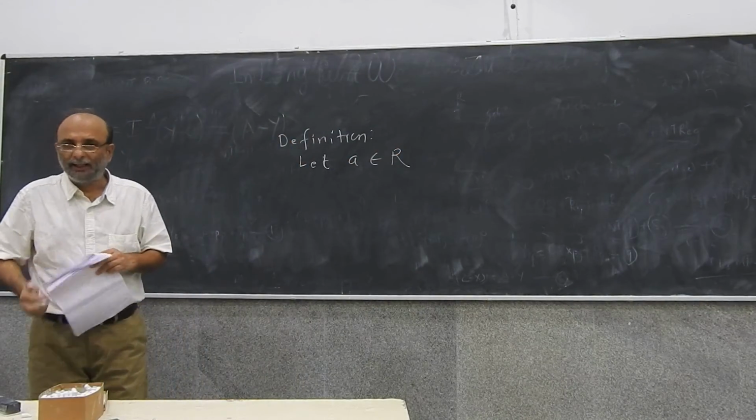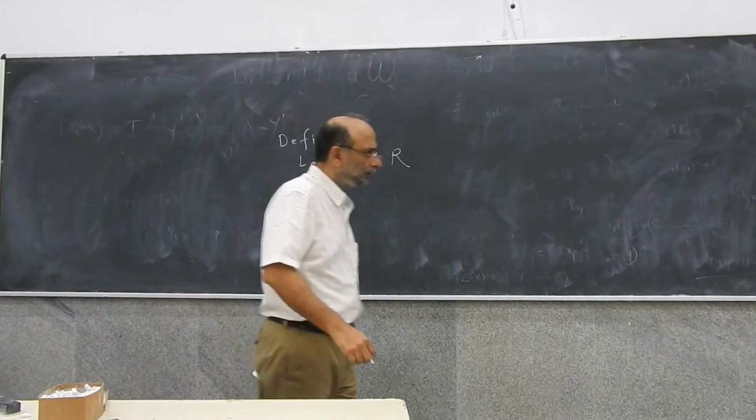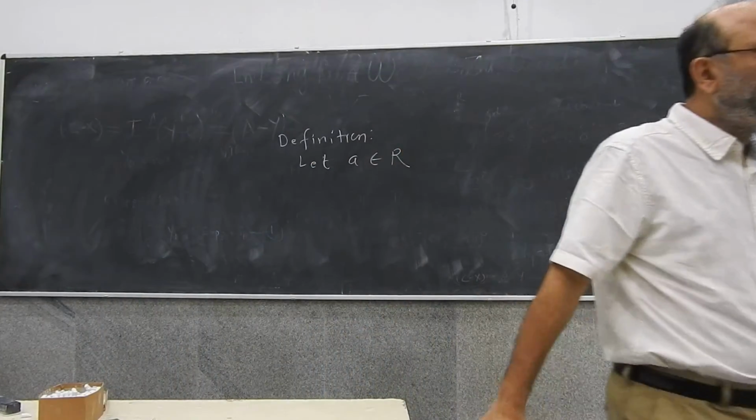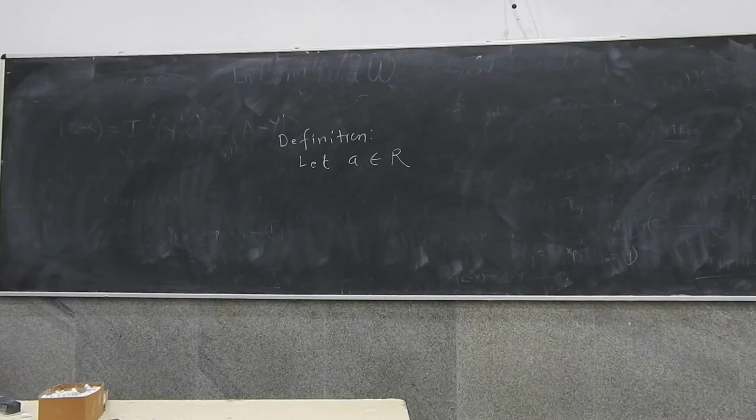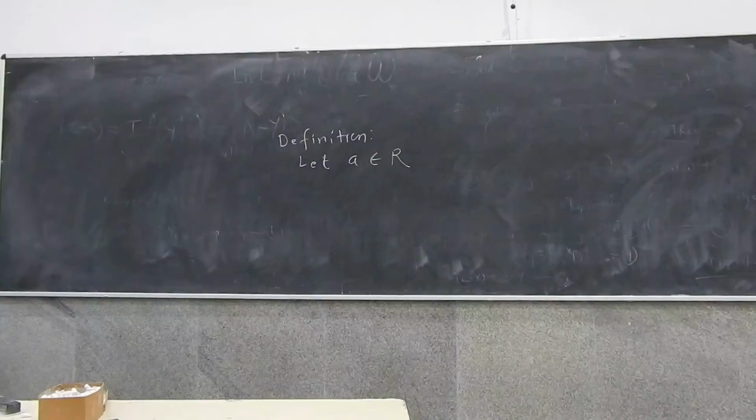What do I mean by saying that A belongs to R? Let A be a point. But what do I mean when I say A belongs to R? A is a point that belongs to one dimension. A is just a real number.